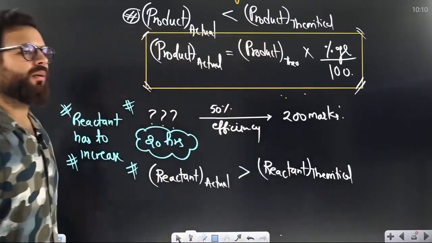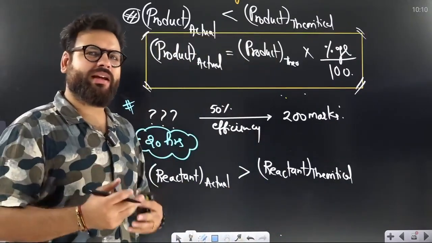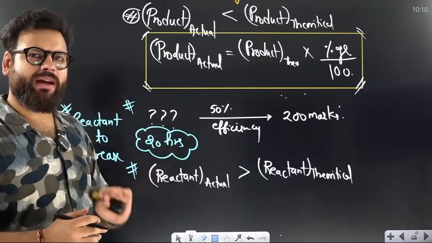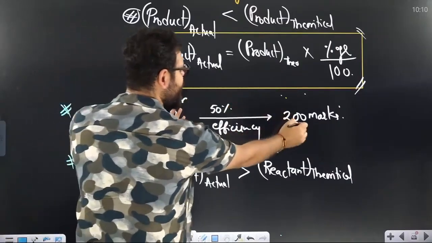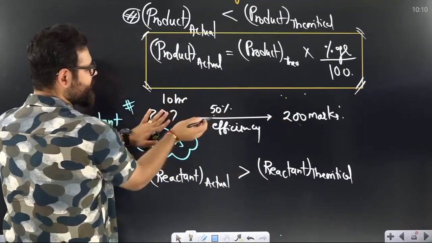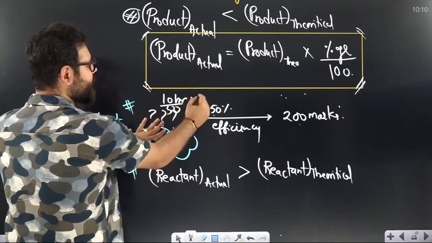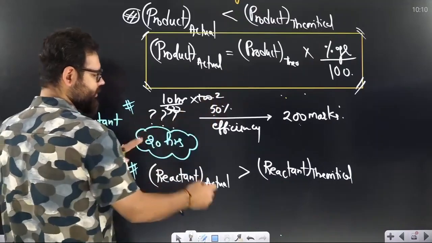So in order to increase the reactant, what do you do? You divide by percentage. You thought, sir, 10 hours should give me 200 marks, but now efficiency is 50%. Let me increase my time. How to increase your time? Divide by 50%. Automatically it will become 20 hours.